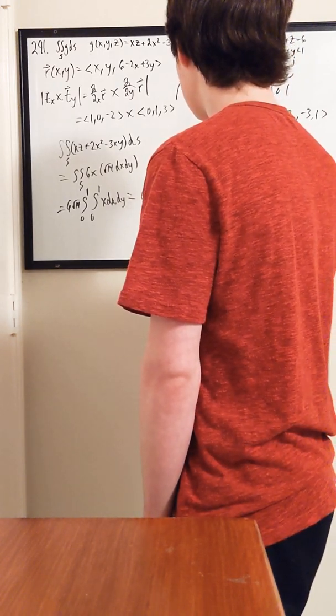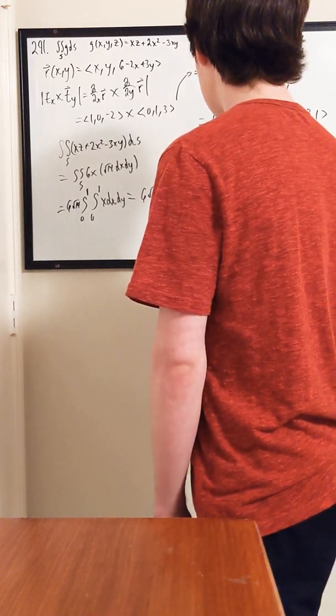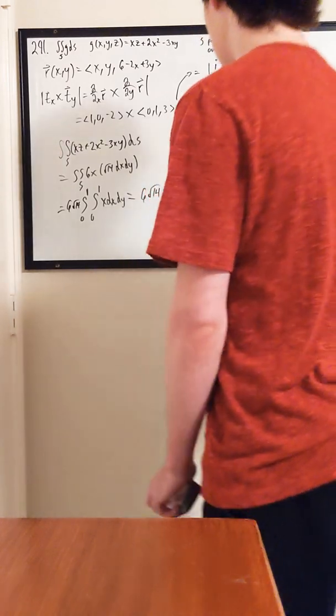So it would be 0 to 1 dy times 0 to 1 x dx.